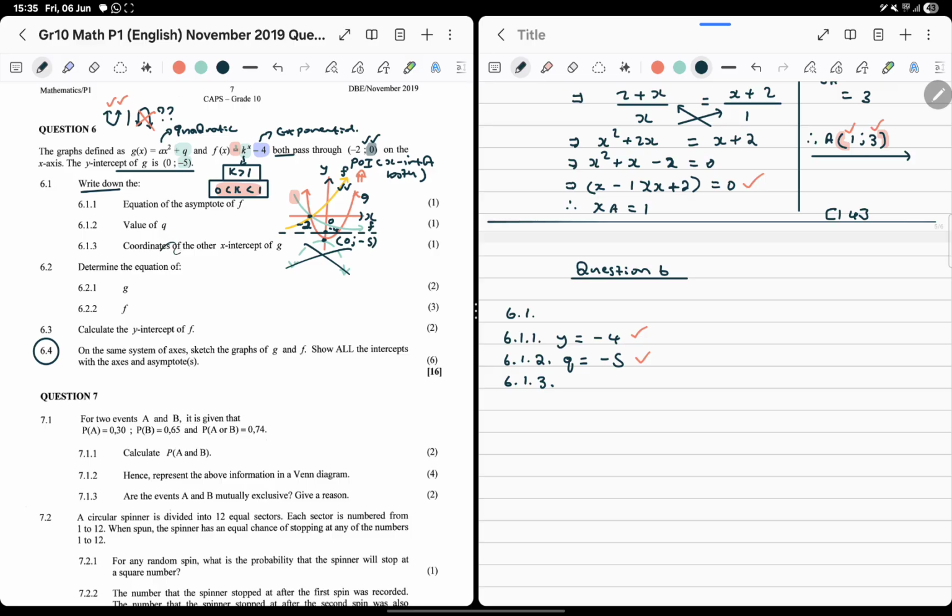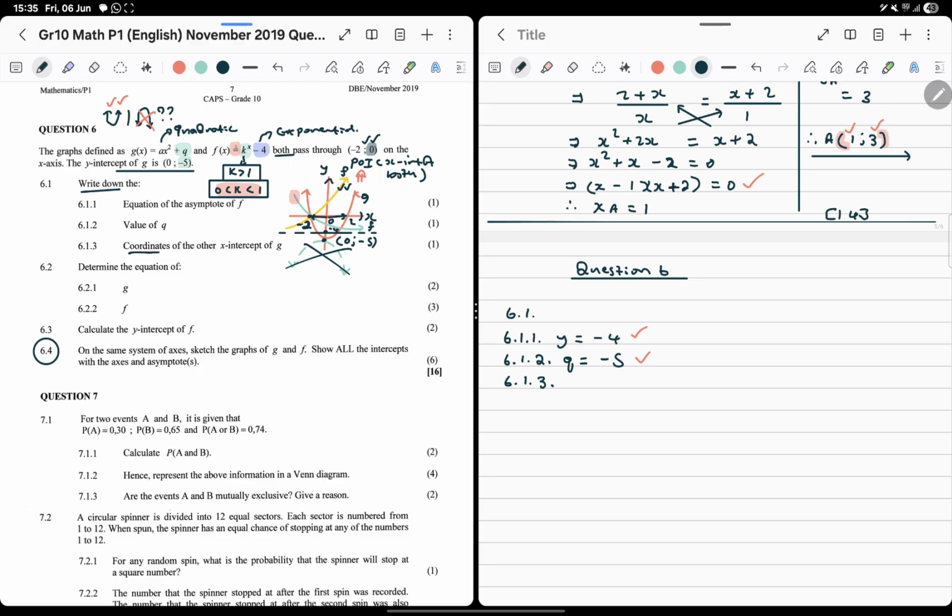6.1.3. The coordinates of the other x-intercept of g. Remember, the x-intercepts of g are symmetrical about the axis of symmetry. If this is 2 units to the left, this is going to be 2 units to the right. So this should be 2 as well. Again, by inspection.